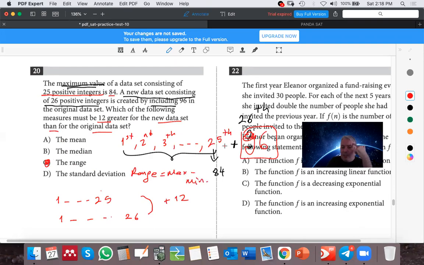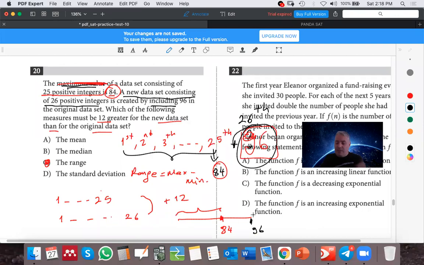Here at the beginning, we said that the maximum value of my data set is 84. So on the number line, think a bit. This is your first data set and the maximum number is 84. And you are adding one extra member, which is 96. So how is the range changing? What is the new range?